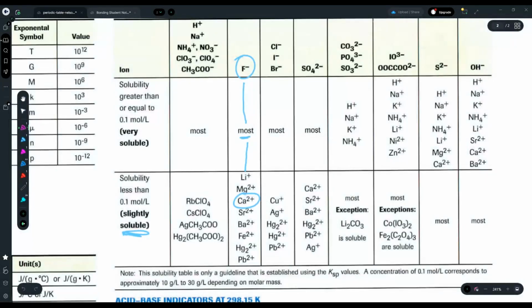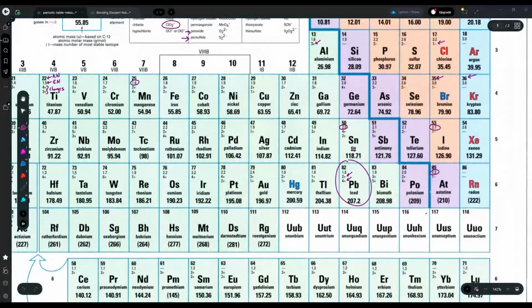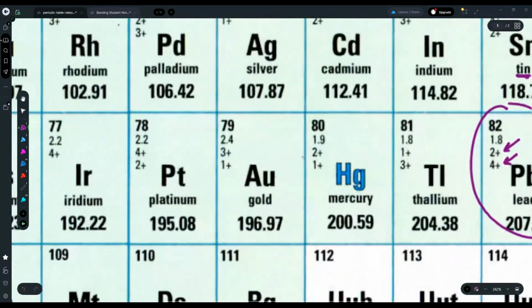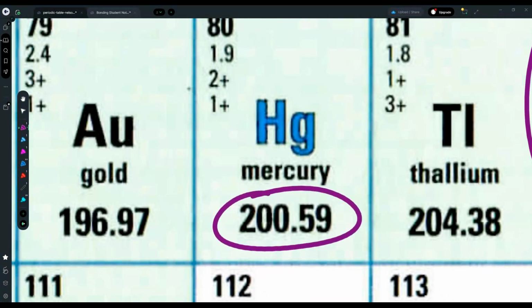So if we look at mercury's molar mass, which is going to be right here. As I said, 1 mole of mercury atoms, the mass of that is going to be 200.59 grams, which is equal to mercury's molar mass, which is this number right here.